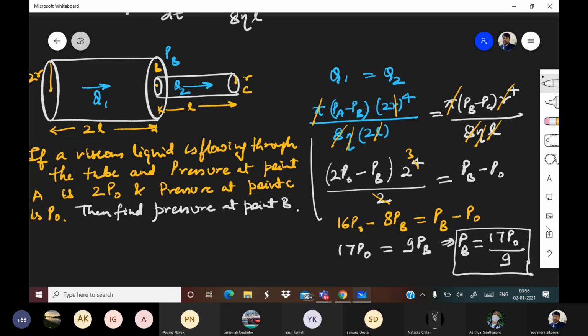Otherwise, volume is lost in between, which is not possible for a liquid. We are not considering that volume is lost. So if volume is not lost, the amount of liquid entering from one side should be equal to the amount of liquid exiting the other side.